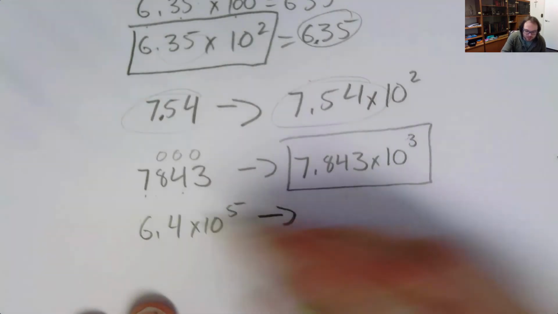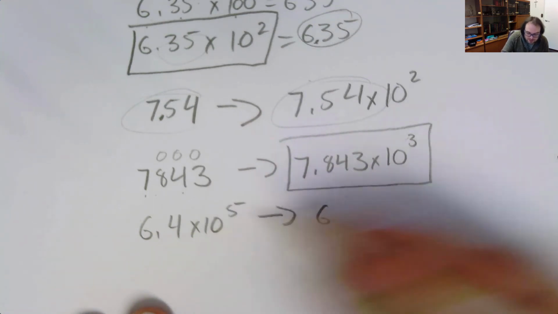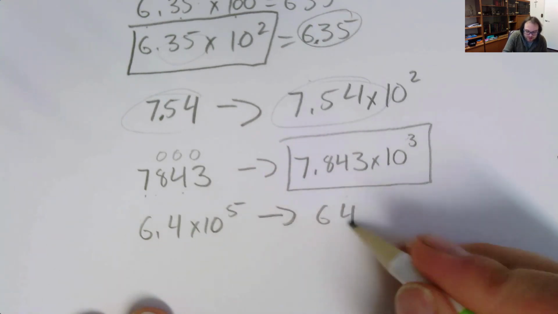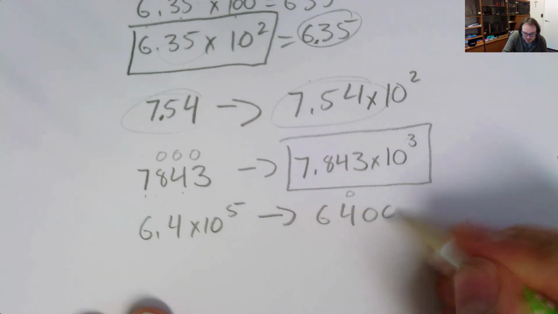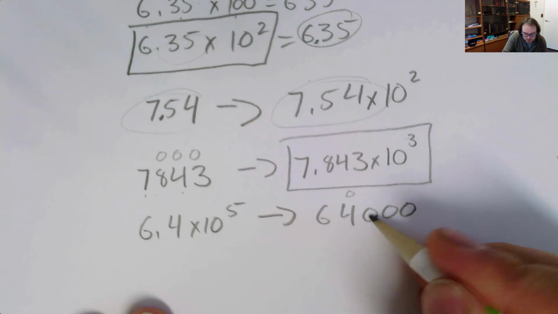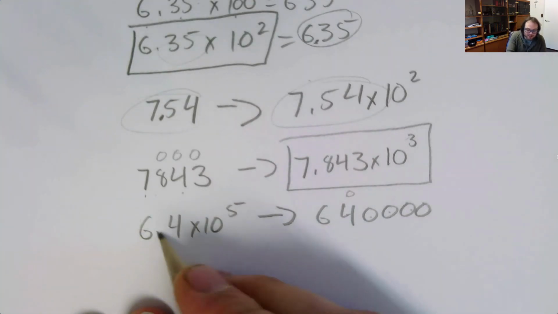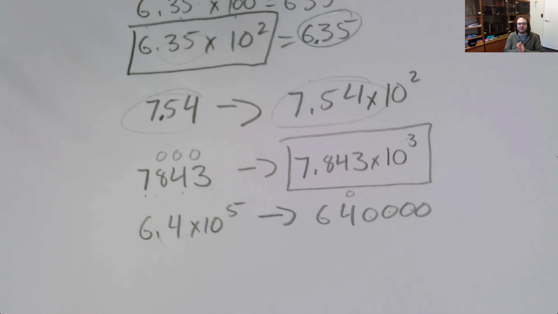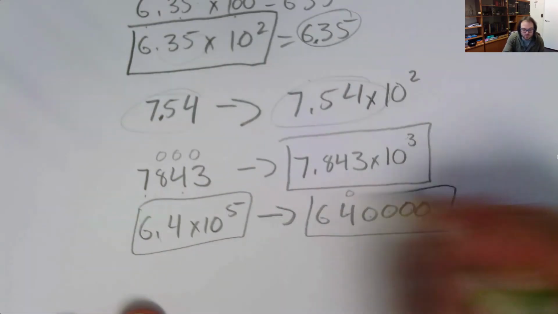This is going to be 6, and then 4, and then we need 5 zeros all together. So there's 1, 2, 3, 4, 5. Or in other words, this means we move the decimal place over 5 times, but we'll get to that a bit later. So that is scientific notation right here, and this is standard form.